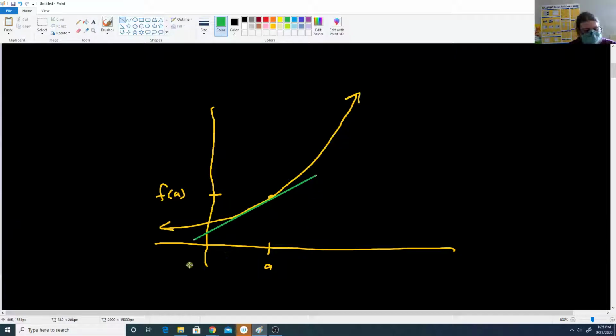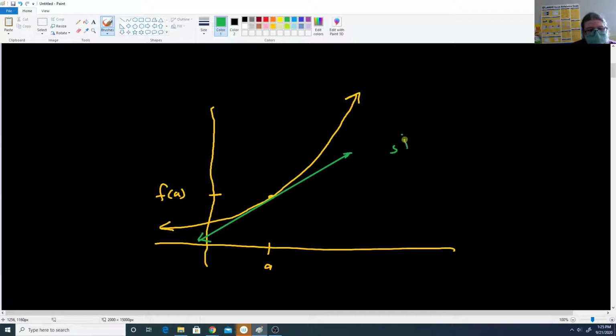There we go. It's probably about as good of a tangent line as we're going to be able to get here.